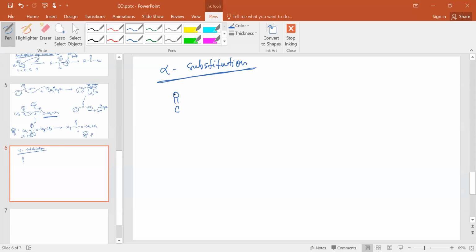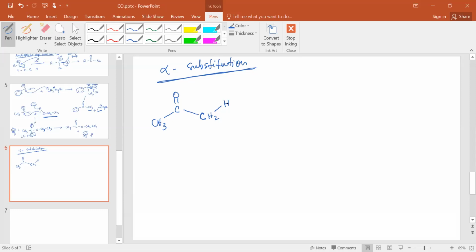Remember here the example. The carbon attached to the functional group is called alpha carbon. We'll take the example of simple acetone, CH3, C, and here I'm writing the H separately, okay?